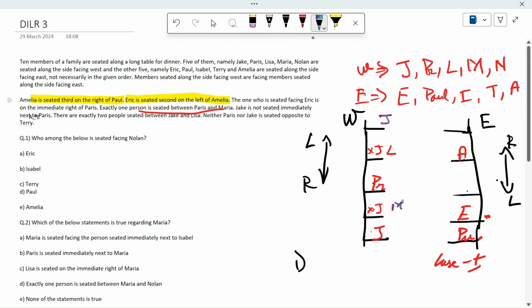Okay. Let us take the third point. Neither Paris nor Jack is seated opposite to Teresa. Okay, fine. So we have these points in mind. We should keep these points in our mind.